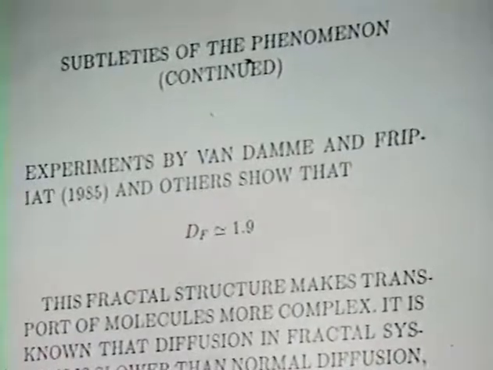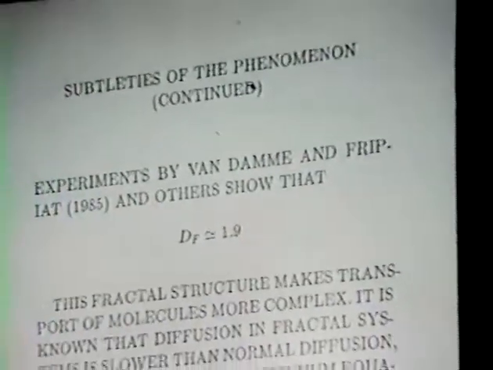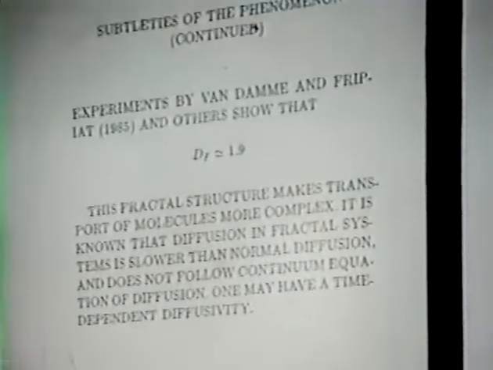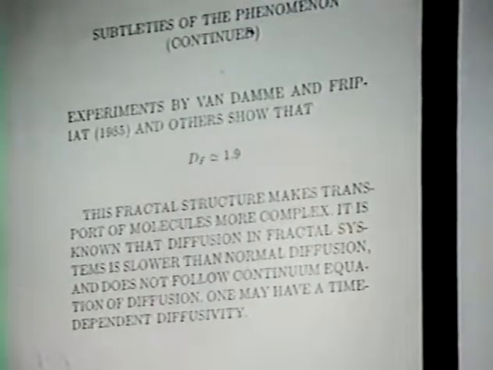Now, the significance of this is that if pillar clays were exactly a 2 or 3-dimensional system, dF would be 2 or 3. But some experiments by Pripyat and co-workers, and also by Mario Ocelli at UNITA, may indicate that dF is not actually 2 for a 2-dimensional system. It's less than 2, it's 1.9. So if it is true that it has a fractal structure, that means that transport in such a system cannot be described by the classical continuum diffusion-reaction equation.